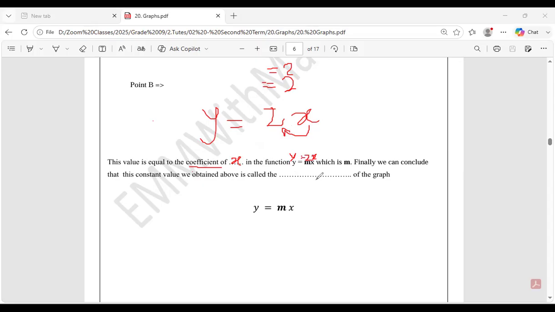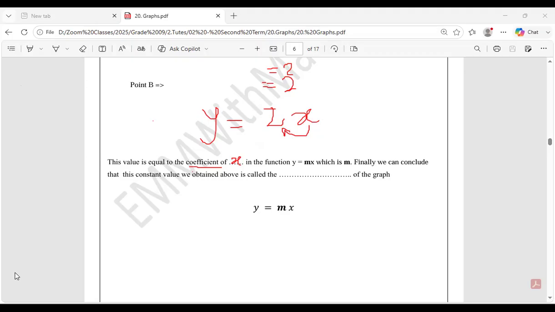If you can remember, y equals m times x, and we are talking about the value m.